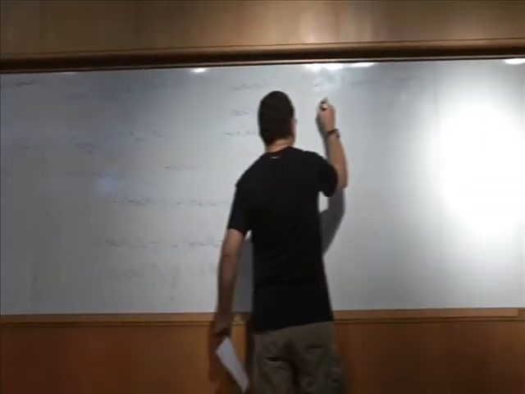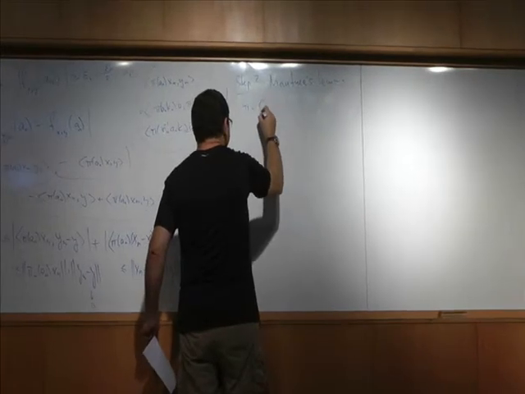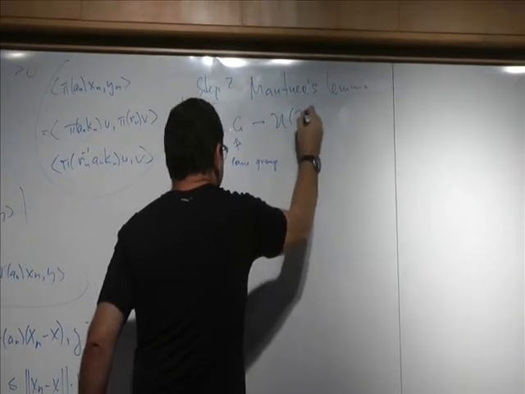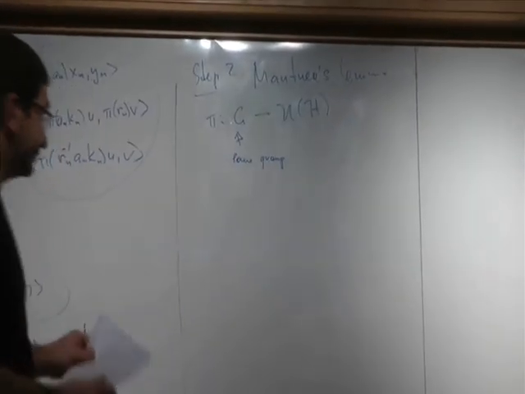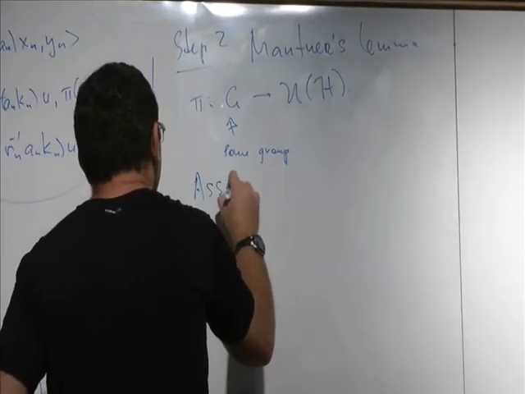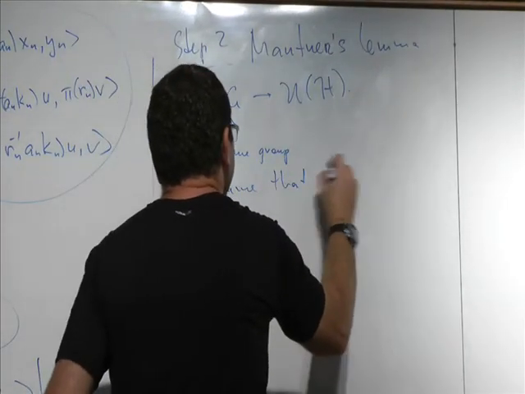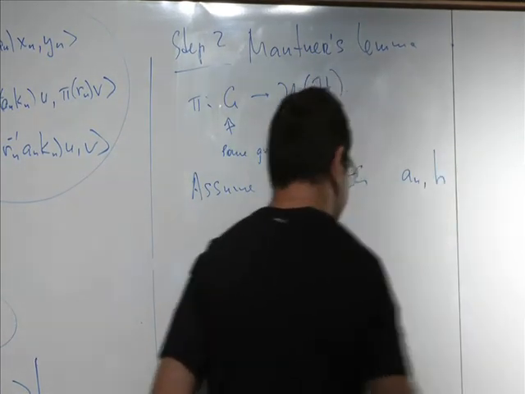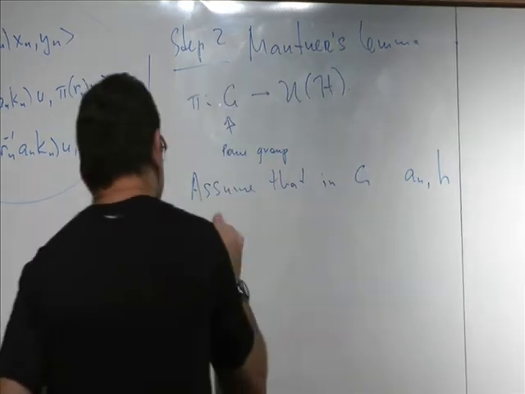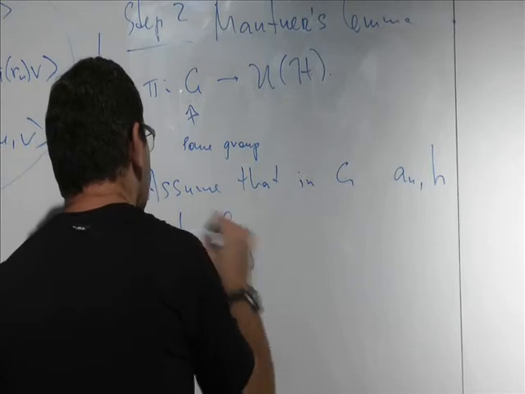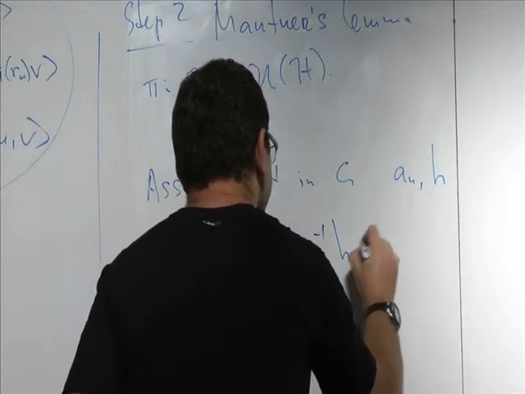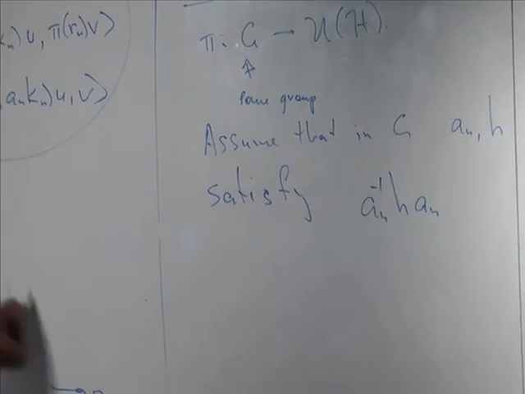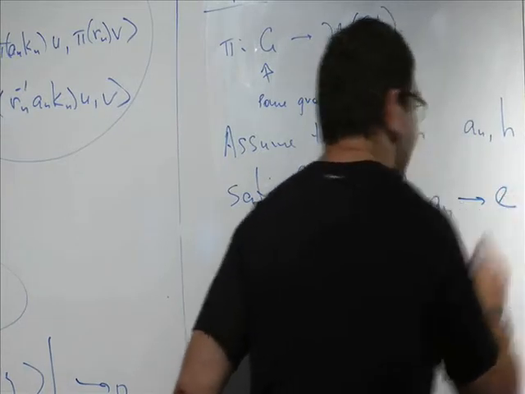Suppose that you have a representation of some group, this is some group, into the unitary group of some Hilbert space. Assume that in G you have a sequence an of some elements and another element h, and they satisfy that an inverse h an, so that if you conjugate h by an, you shrink to the identity, it converges to the identity.